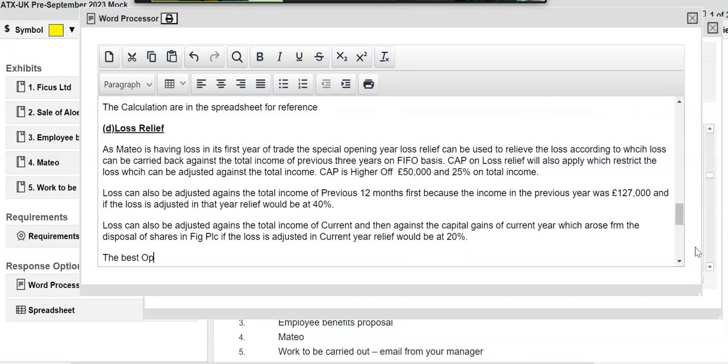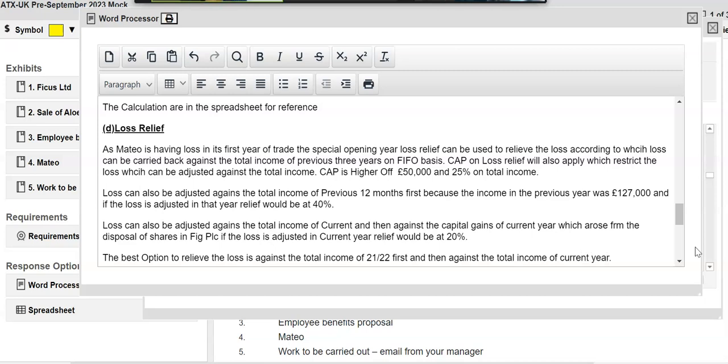The best option to relieve the loss is against the total income of 21-22 first, and then against the total income of the current year.